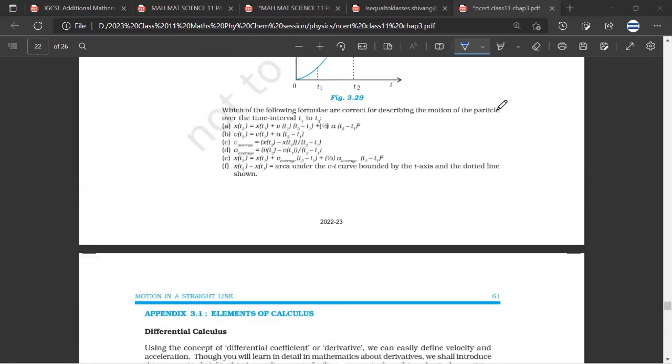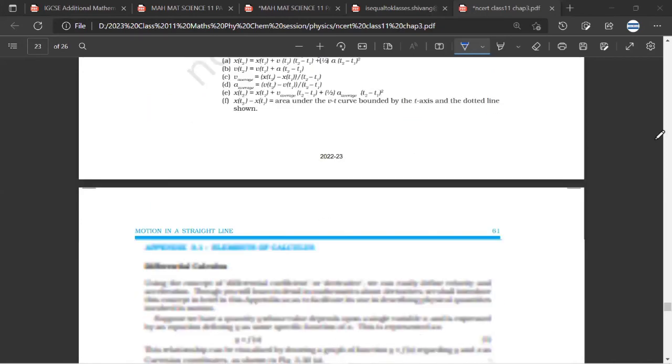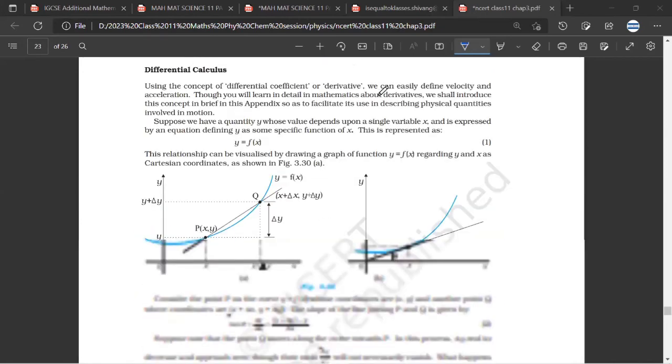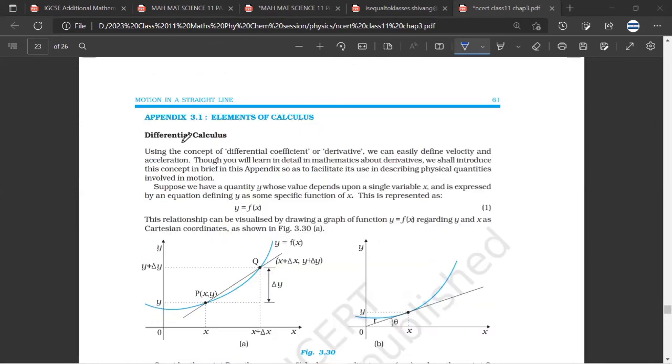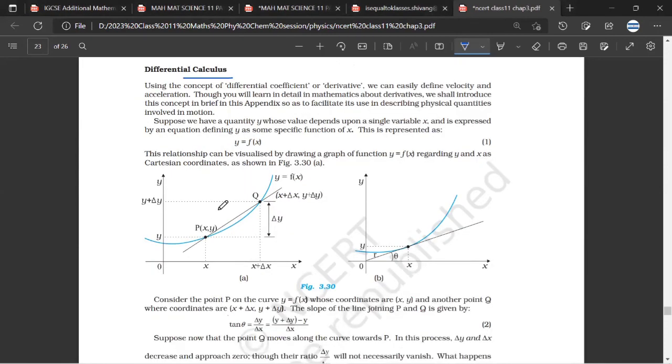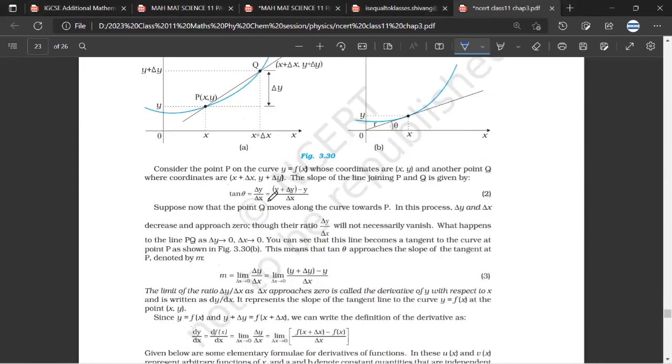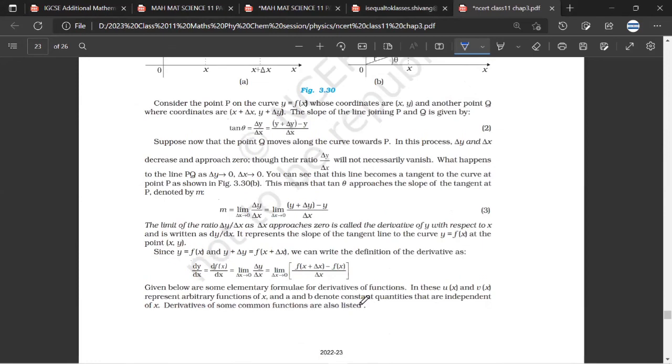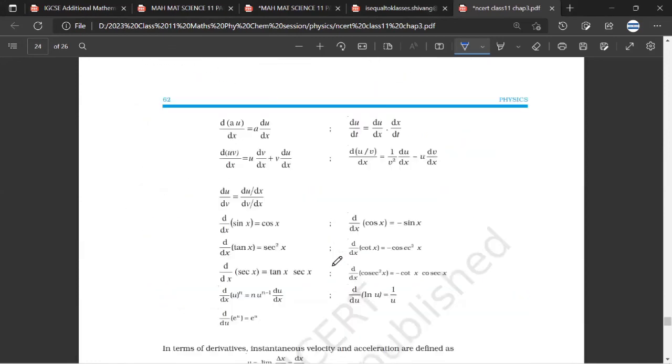So, if we look at our textbook, the basic NCERT, our primary reference, if you look at chapter number 3, elements of calculus, differential calculus, do you see these graphs? Yeah. So if you remember, these are the kind of things that we have been discussing. If you see this x plus delta x, these are the kind of things that we discussed in lecture number 2.